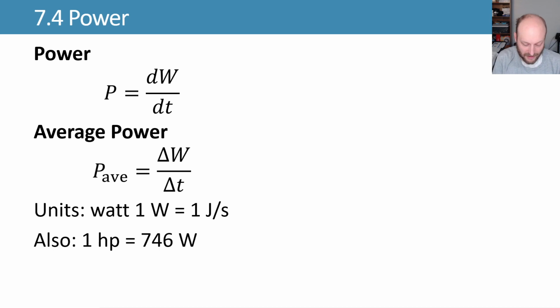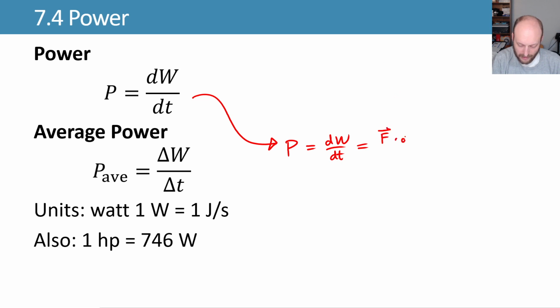I will be using watts and kilowatts and those sorts of things. There's a relationship here, actually, to velocity, where we can say your power, since it's dW/dt, we can substitute in for our definition of work that says that my work is F dot dr, so dW is F dot dr, and then we can put that dt with the dr and call this F dot dr/dt, where dr/dt is your velocity.